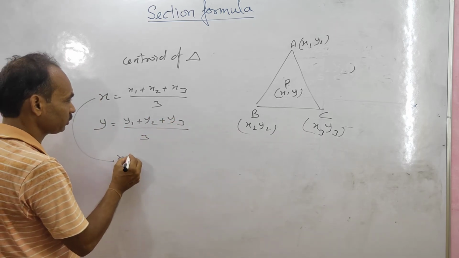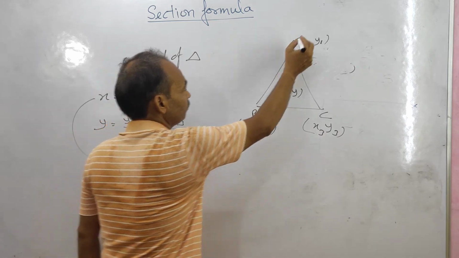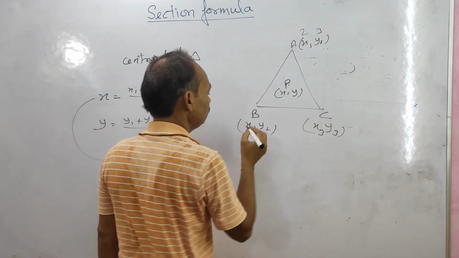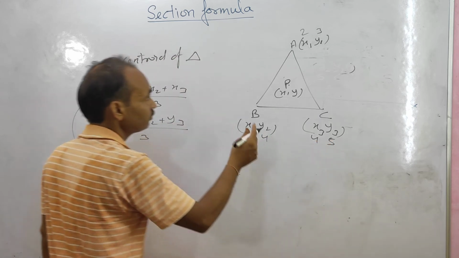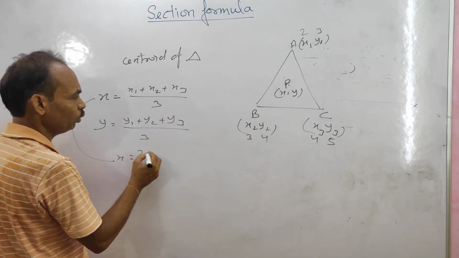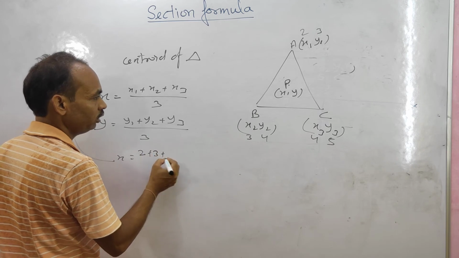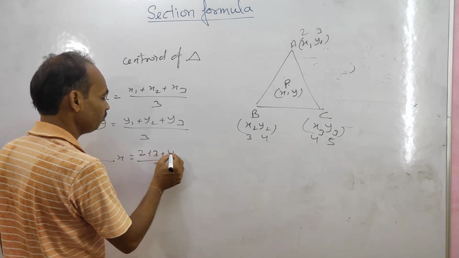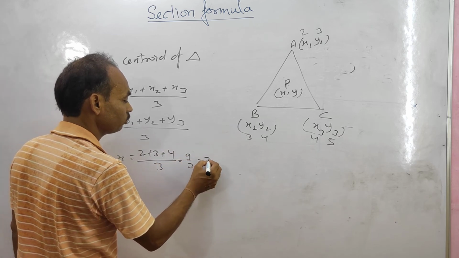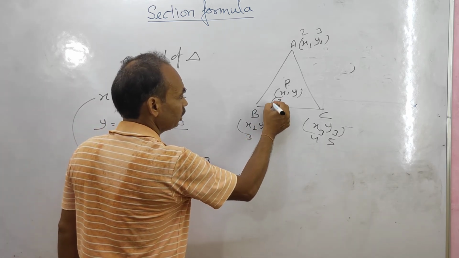You can get x. If x1 is 2, x2 is 3, x3 is 4, then x is (2 plus 3 plus 4) upon 3, 9 upon 3, which is equal to 3. Thus the answer is 3.